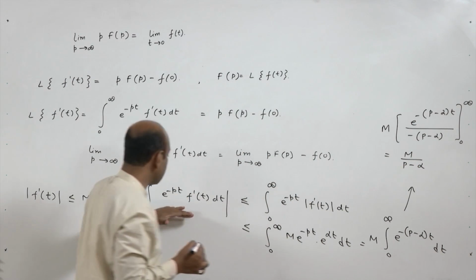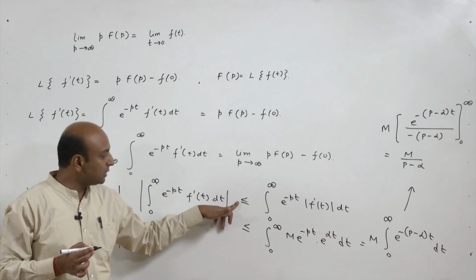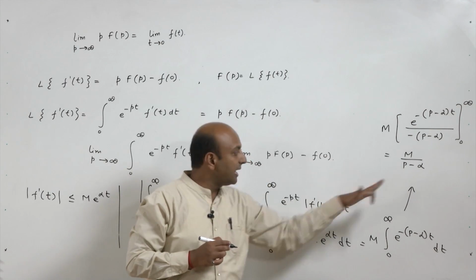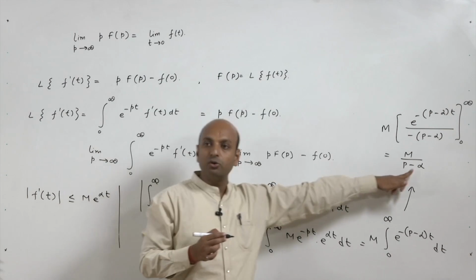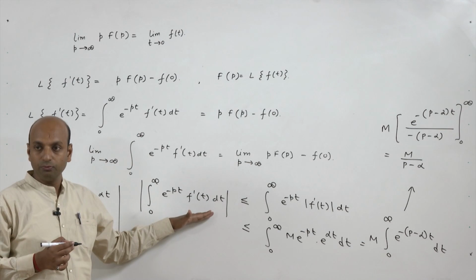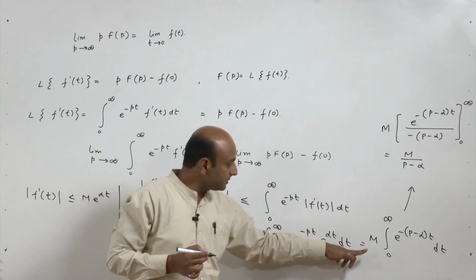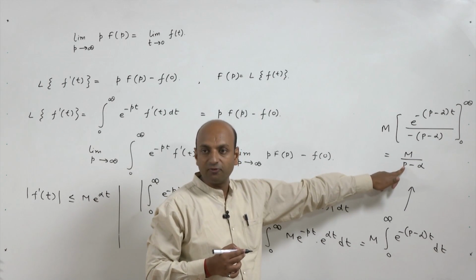So, basically this expression is less than or equal to this expression, M upon p minus alpha.